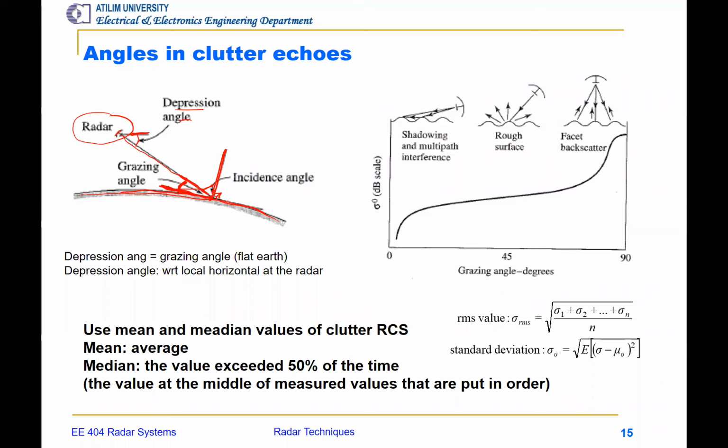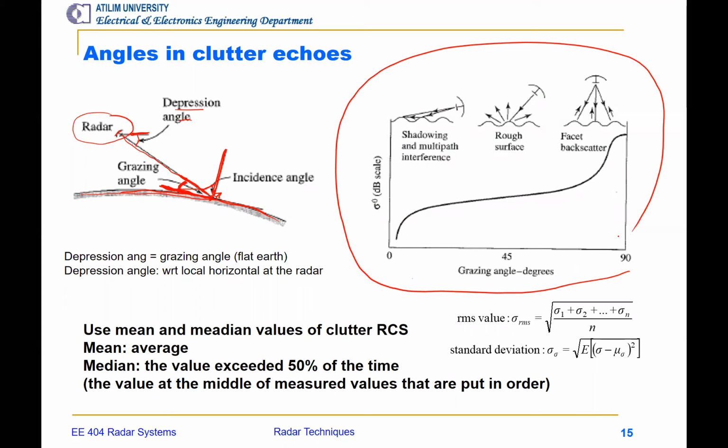The most challenging case is where the grazing angle is very small, because when the grazing angle is small, we expect shadowing due to the objects over the surface of the Earth, and we get multiple interference. Now, in this picture, we see the variation of the reflectivity, so RCS simply, or scattering coefficient.